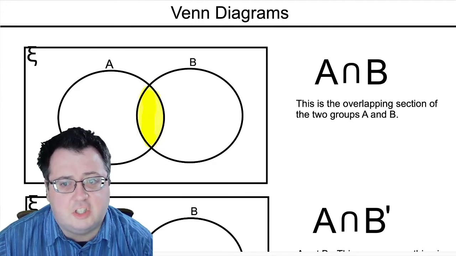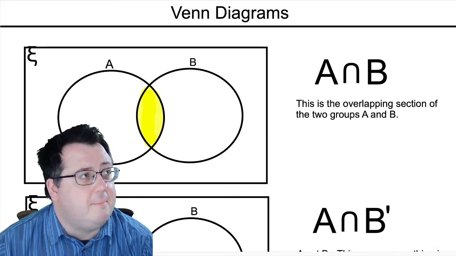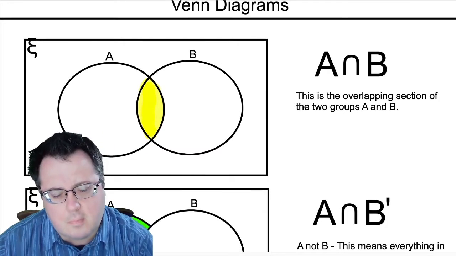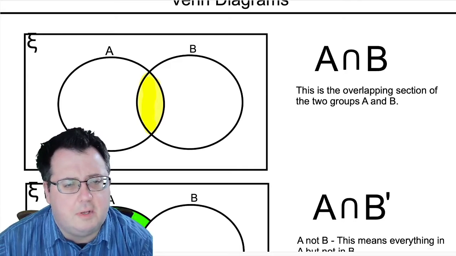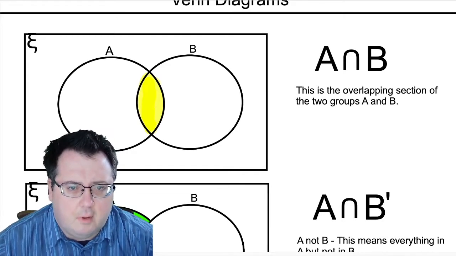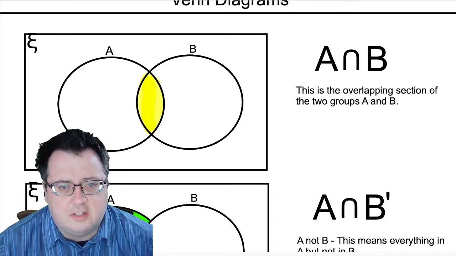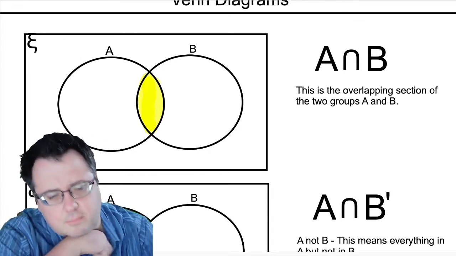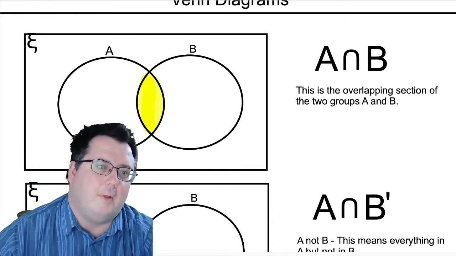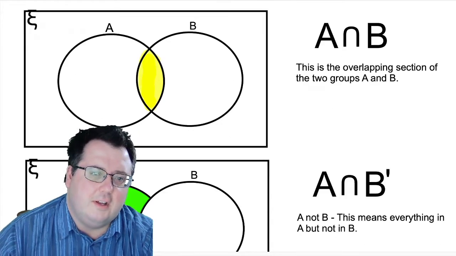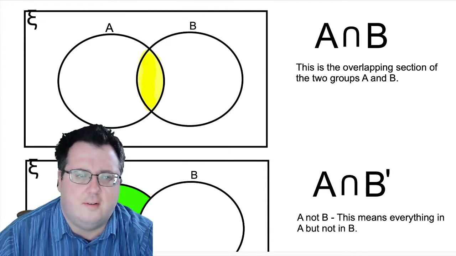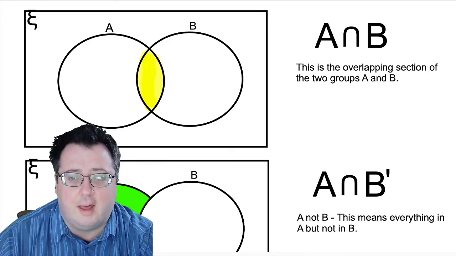A intersection B is the overlapping section between the groups A and B. So whereas A union B was everything inside of A and B, A intersection B is kind of like what's common in both. Okay. It's one of the ones you have to learn, and it's well worth knowing that one.